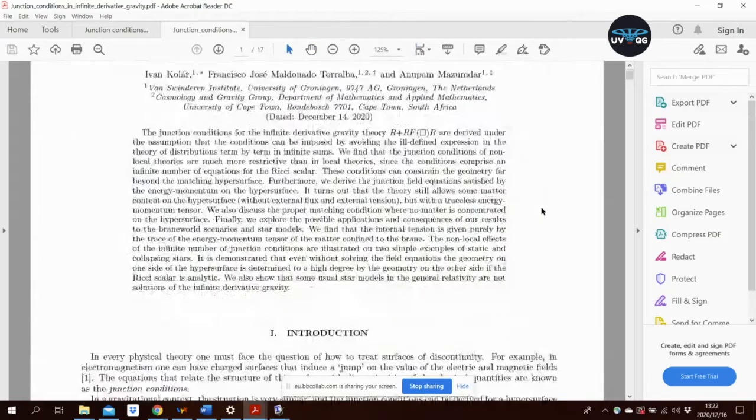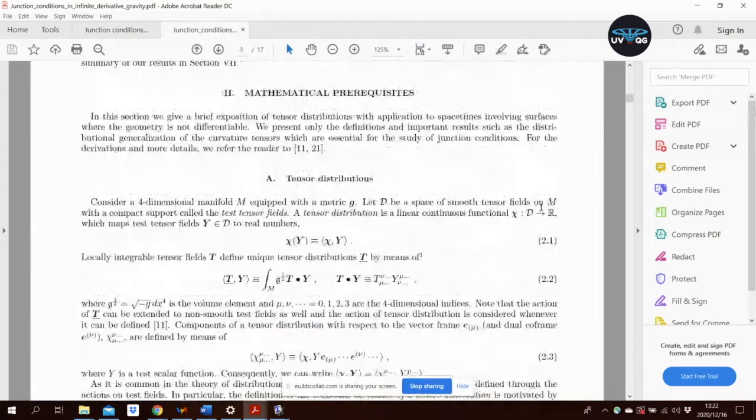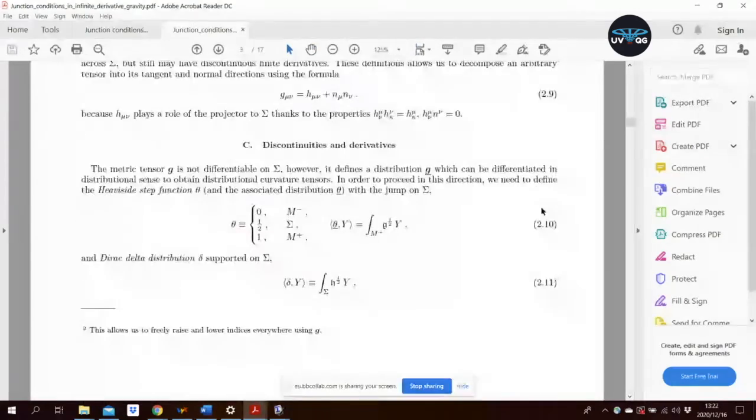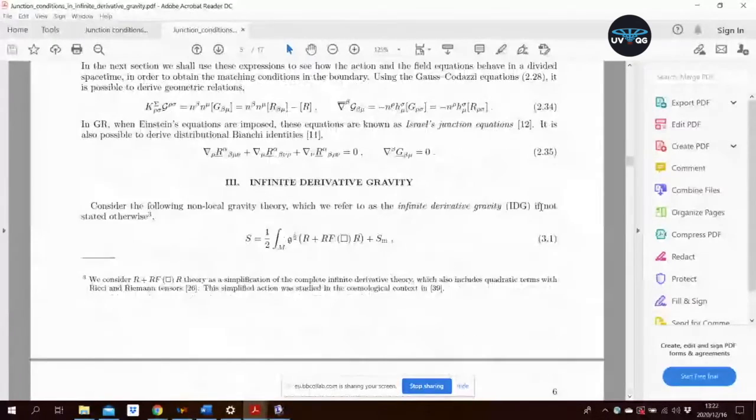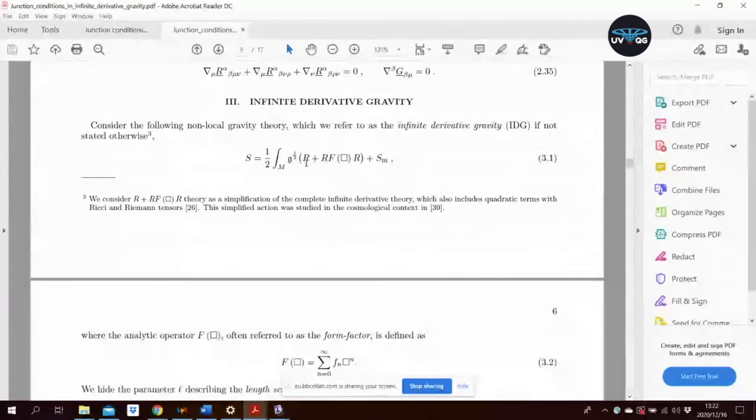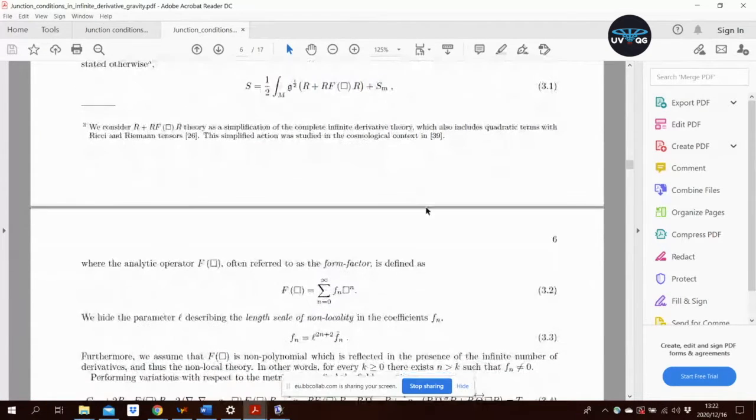So for that, let me introduce first this non-local theory of gravity that I'm going to assume, which is basically R plus R f of box R. Basically, this f of box is a function of, well, it's an operator really, of the D'Alembertian that has infinite derivatives as defined here.